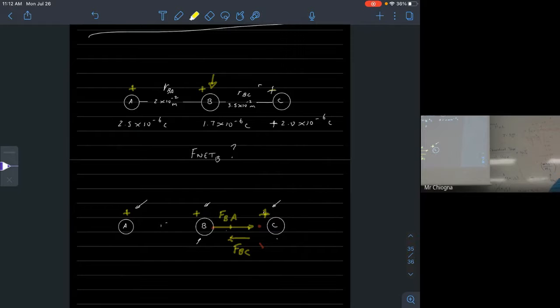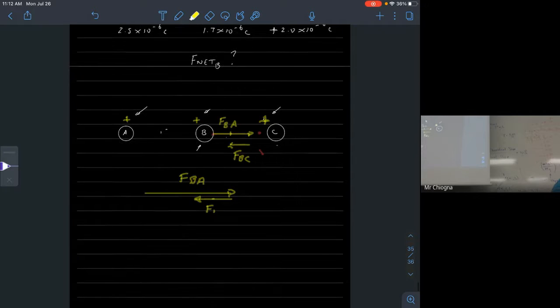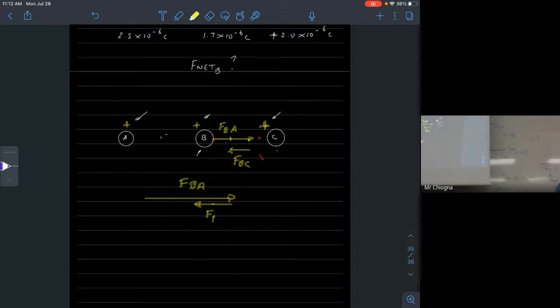Let's just redraw it here. A little bit bigger. This is FBA. This is FBC, in the opposite direction now. So F net on B is going to be equal to FBA minus FBC.